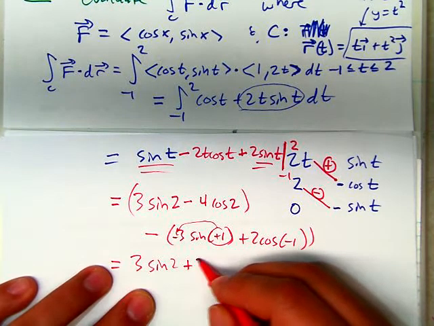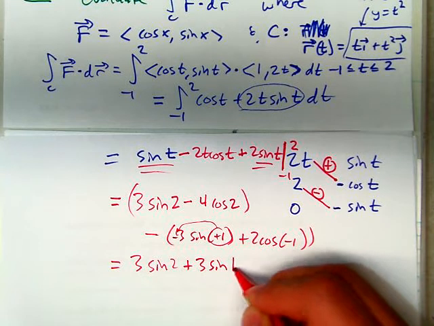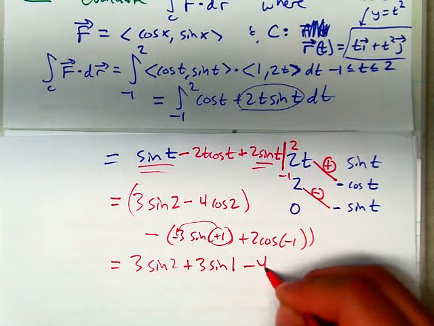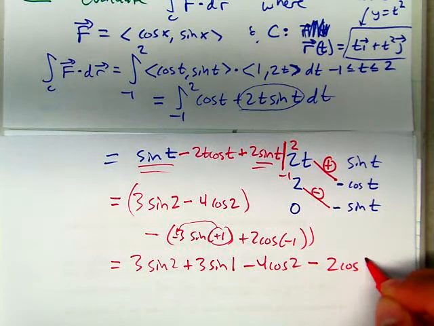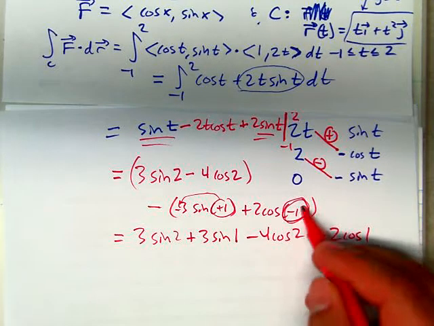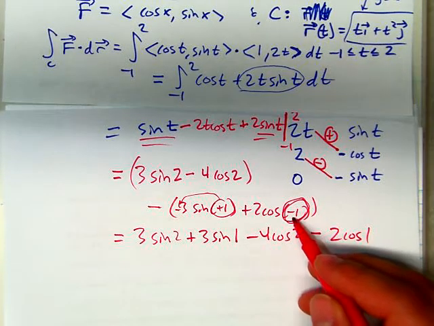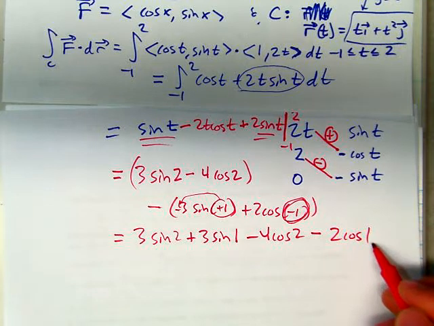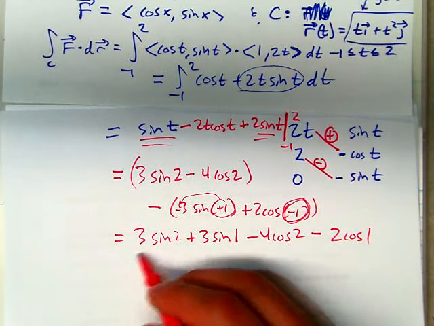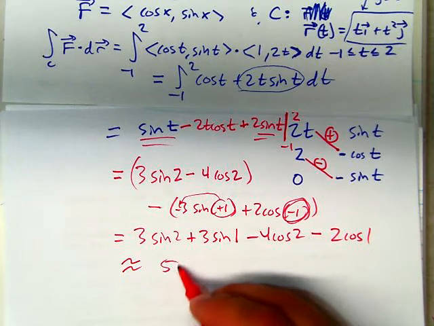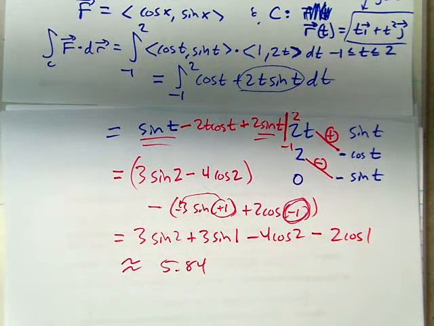So it'll be plus 3 sine 1 minus 4 cosine 2 minus 2 cosine 1. The opposite angle identity for cosine tells us that the cosine of a negative angle is the same as cosine of the positive angle. So this is probably the answer that you would have in the back of the book. And this comes out to approximately 5.84.